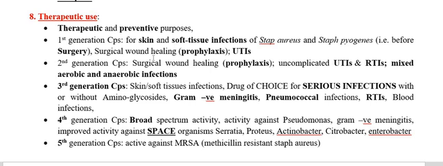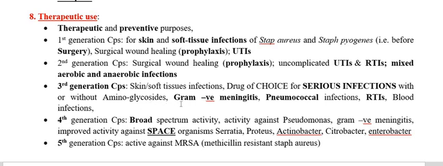Other than that, the second generation cephalosporins are also used for the treatment of urinary tract infection, respiratory tract infection, and mixed aerobic and anaerobic infection. So this is very, very important.